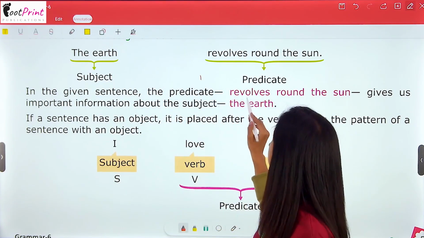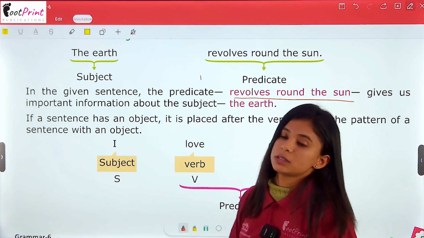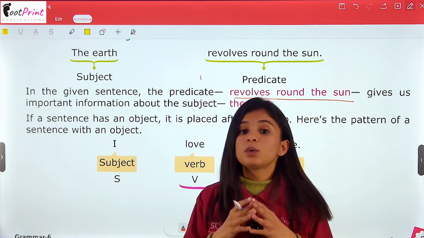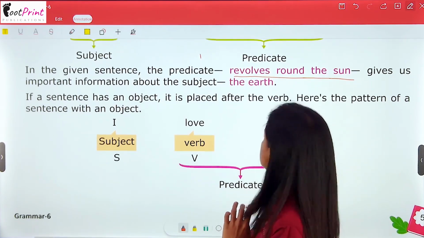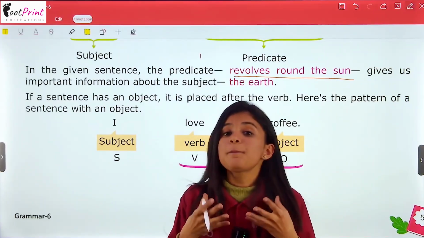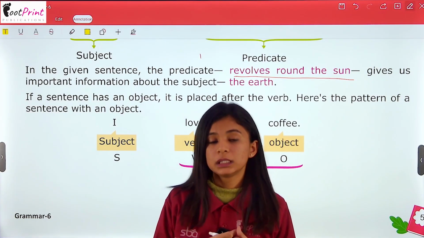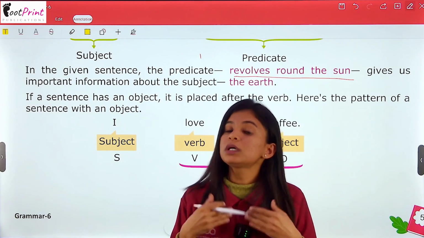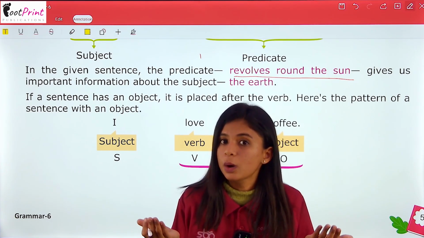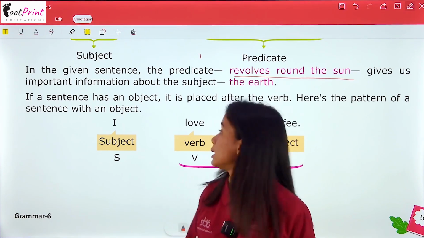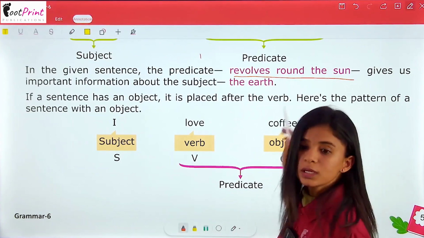In this sentence, the predicate is revolves around the sun. So, why is this the predicate of the sentence? Because it is giving us important information about our subject, that is the earth. So, we know that we are talking about the earth, but what we are saying about the earth is our predicate, that is revolves around the sun.